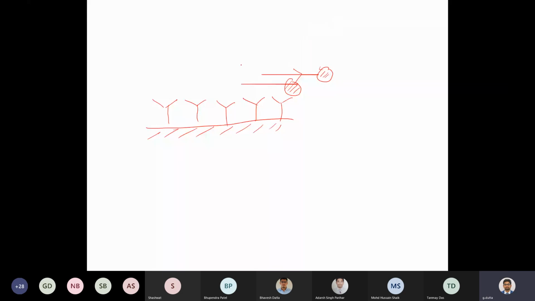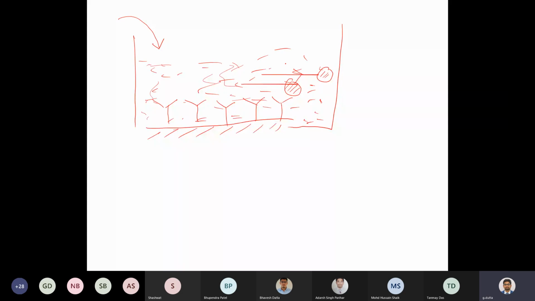When you have to add some reagent from outside for signal amplification, suppose this is a sensor tube, right? So you have solution here. Because I told you, this is a solution state reaction, not solid state.